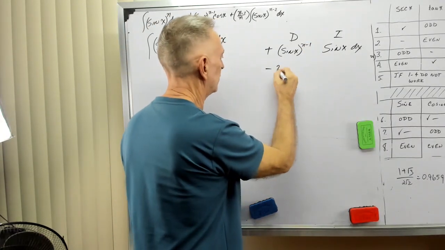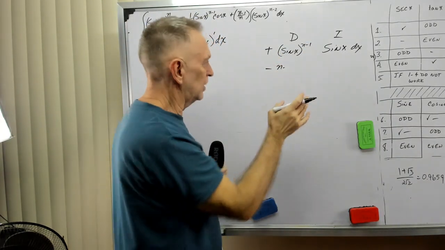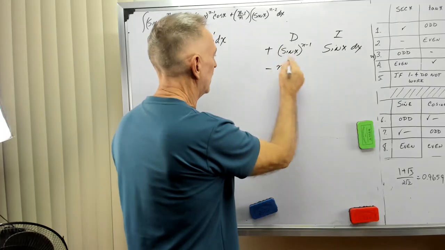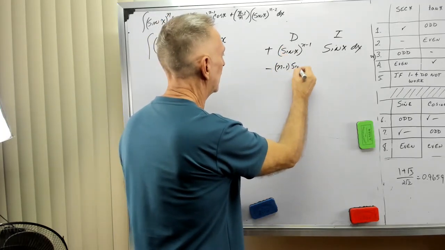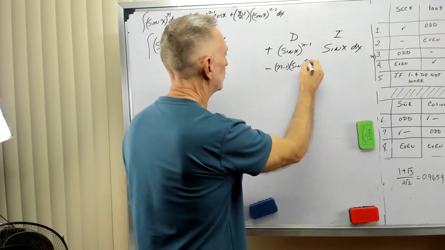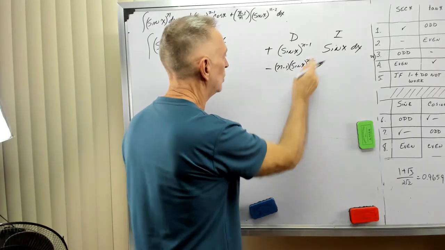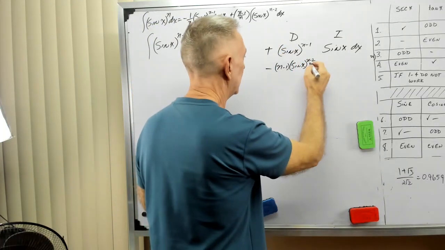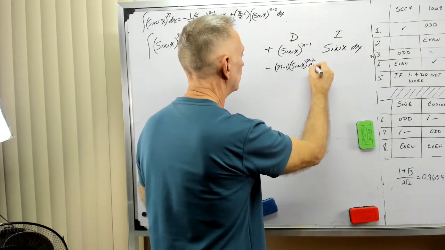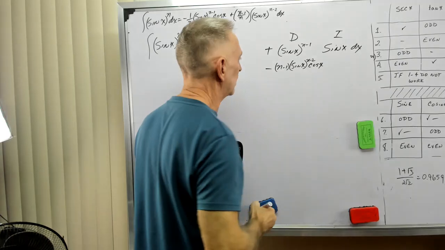Differentiate this one. Bring down the n minus 1. Sine x now to the n minus 2. Chain rule. What's on the inside now? The derivative of sine is cosine x.